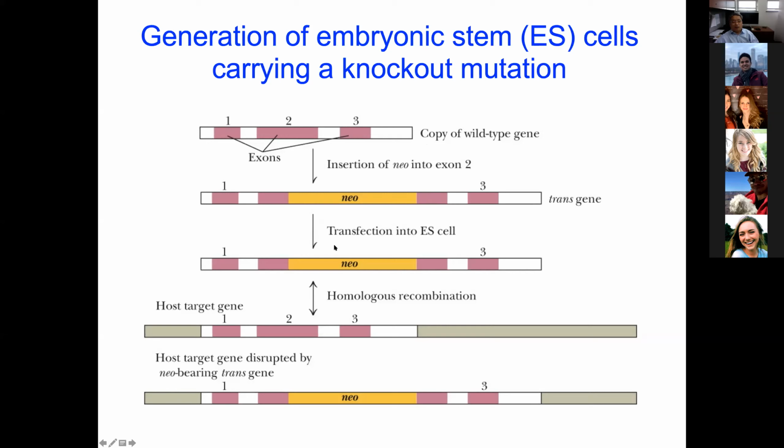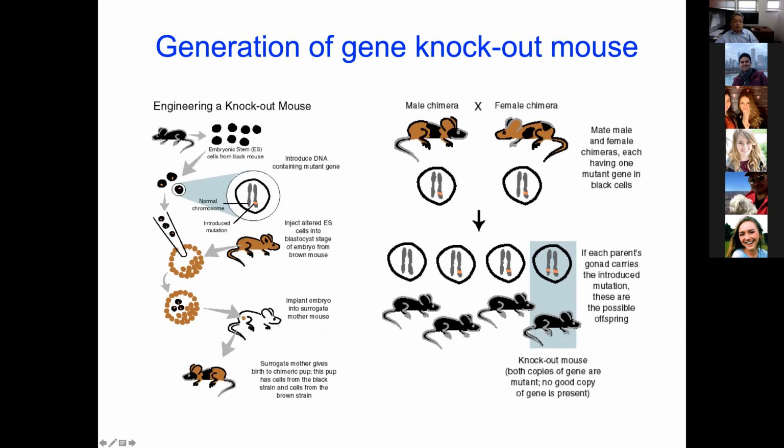Then through homologous recombination, for example, this neo marker can be inserted into one of the exons of the gene. Eventually this modified embryonic stem cell can be injected into an embryo, and then those embryos are put back into the mice.